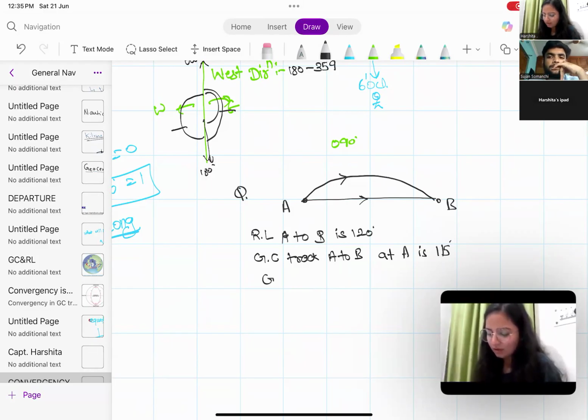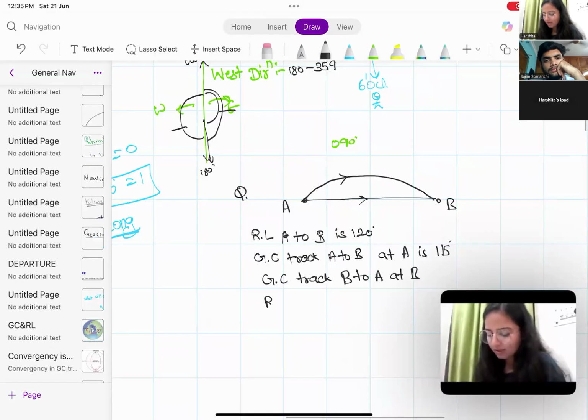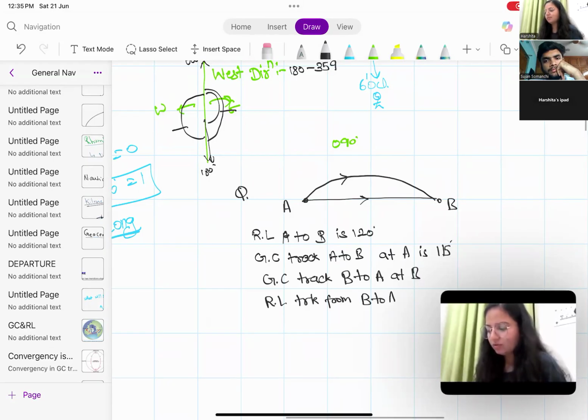You have to tell me the great circle track B to A at B and the rhumb line track from B to A. Also tell the convergency.